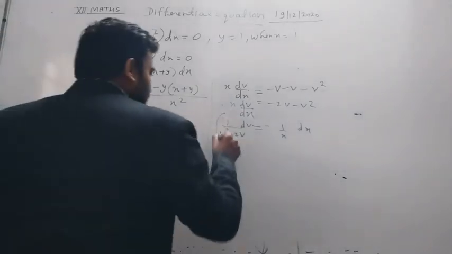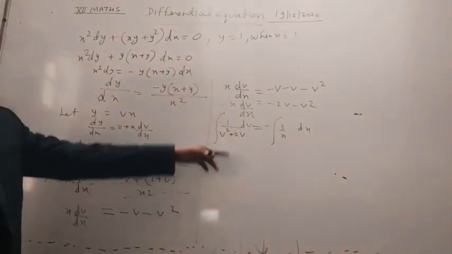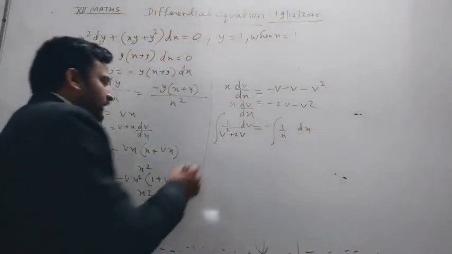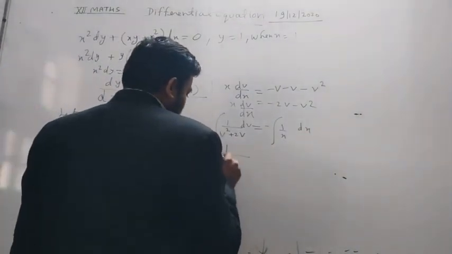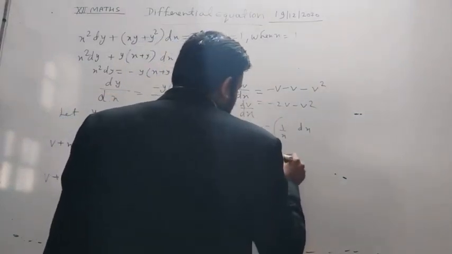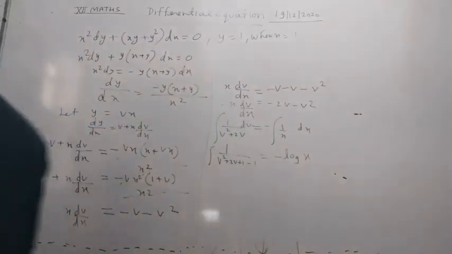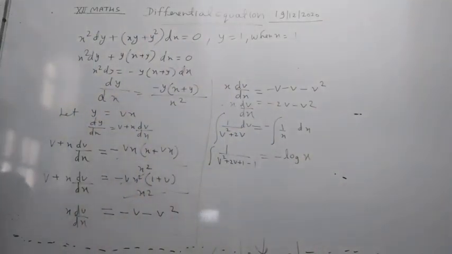Now we integrate this, and for this we will make this first v square plus 2v plus 1 minus 1. This is equal to minus log of x. Okay student, so this we can write minus log of x, and here this is what, v plus 1 whole square minus 1.